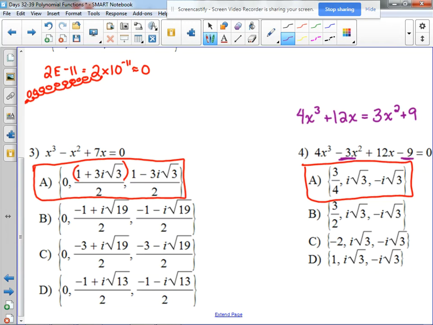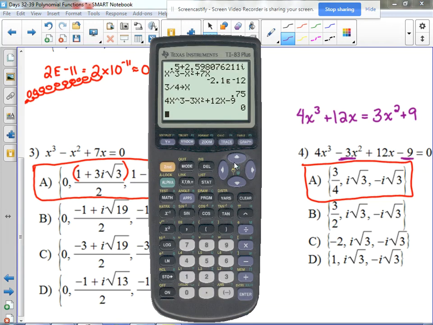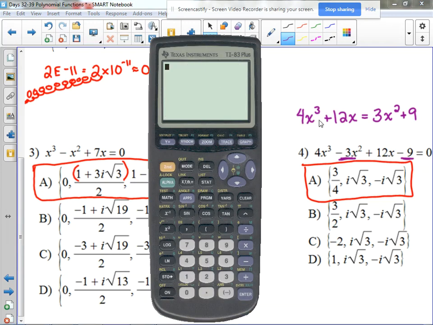So if there are terms on both sides, you've got a choice. You can either make it equal to 0. You can subtract the 3x squared, subtract the 9, so that it's equal to 0, and do what we were just doing. Or you can plug the number into both sides of the equation. So I have 3/4 stored as x.